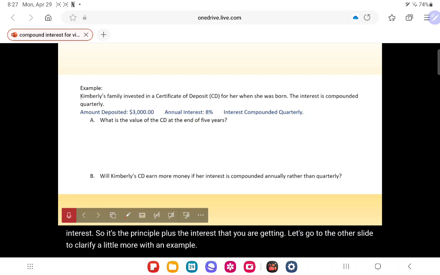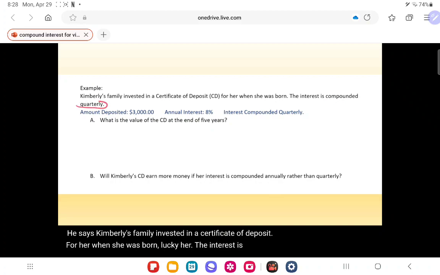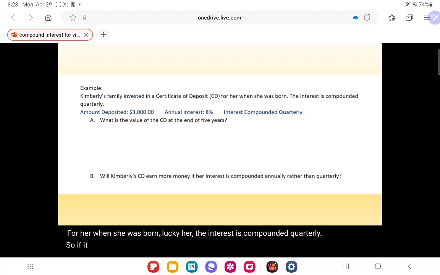It says, Kimberly's family invested in a certificate of deposit for her when she was born. Lucky her. The interest is compounded quarterly. So if it is quarterly, in my formula, let's write it.